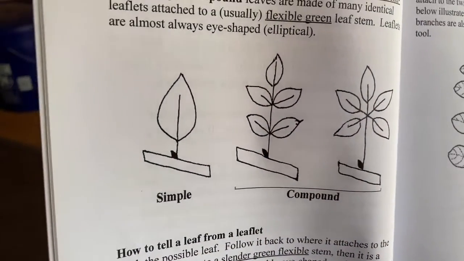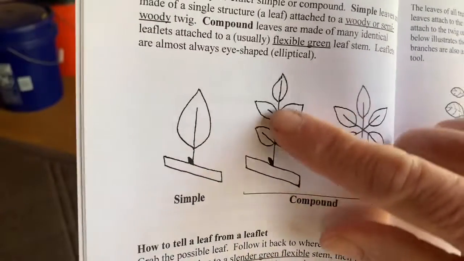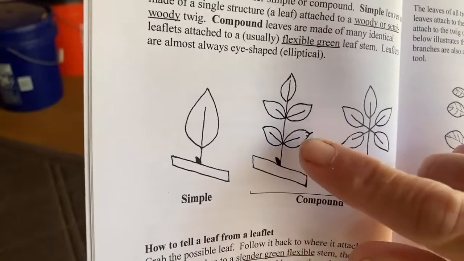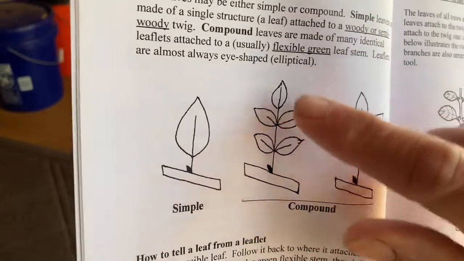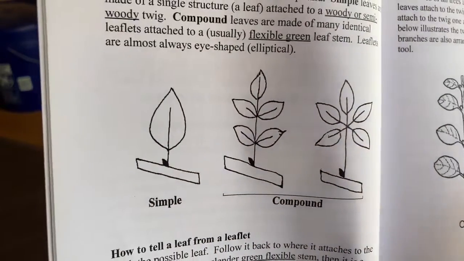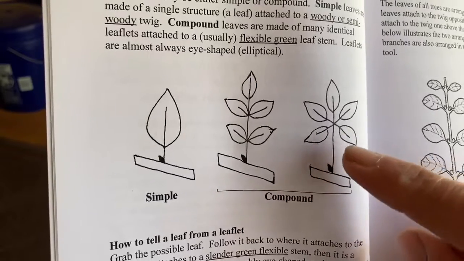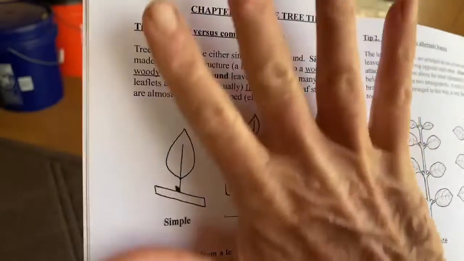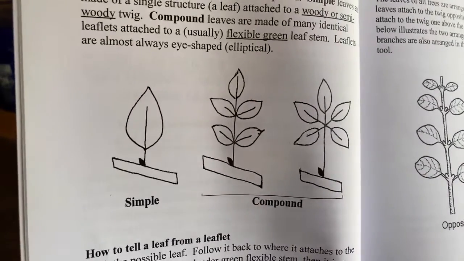Whereas in a compound leaf, you know, this whole thing is a leaf. There's your bud. You have leaflets, and the leaflets are arranged opposite each other, and that can be tricky. Here's another kind of compound leaf where the leaflets are arranged in a kind of a hand or palm kind of shape. That's palmate compound.